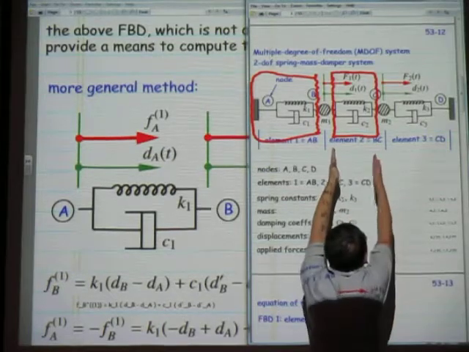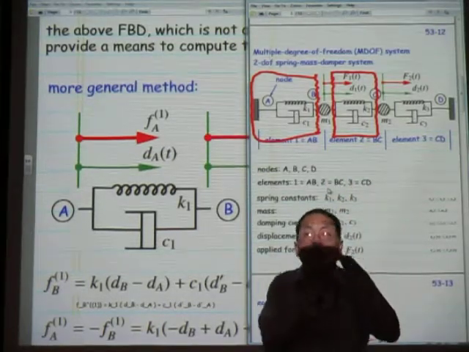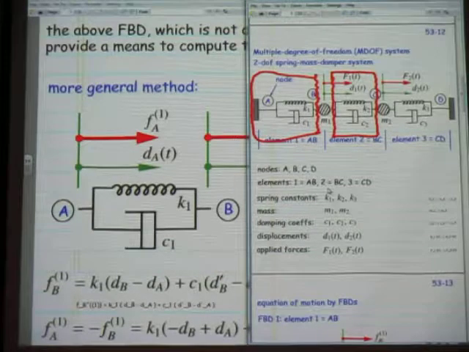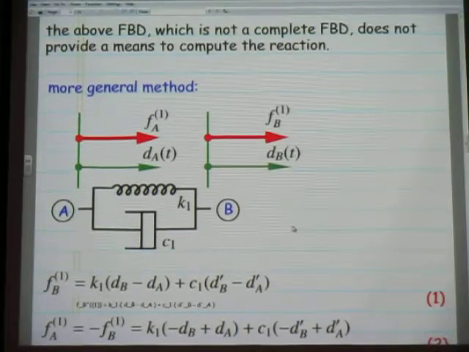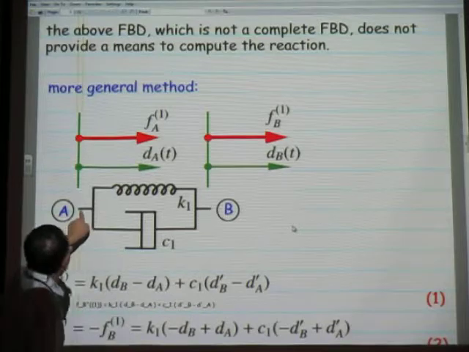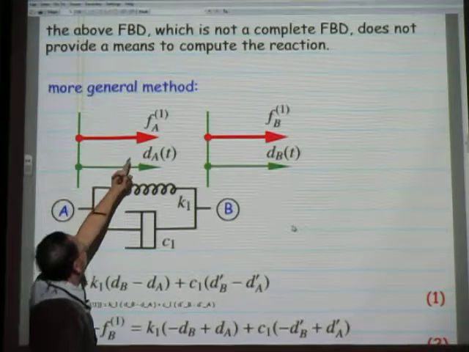You only look at the spring and the damper in parallel. So here is the picture. At the cut, at point A and point B, replacing at the cut the internal force Fa.